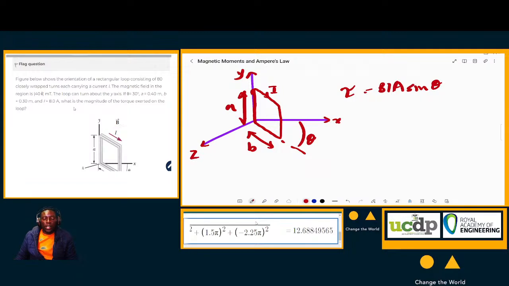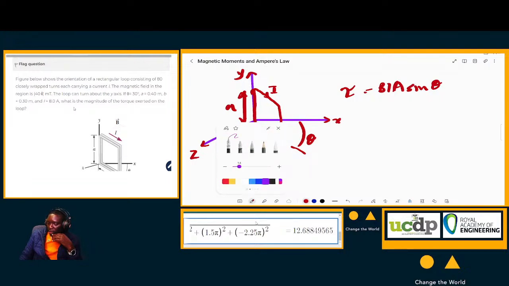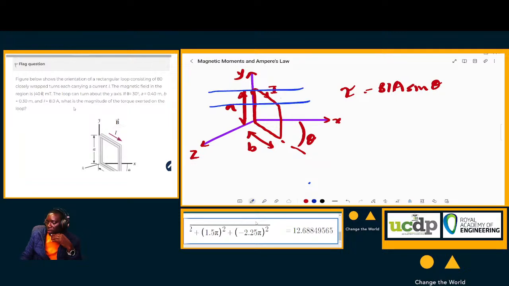What is theta in this case? Theta is the angle between the normal to the area and the field. We have our current. There is an angle between the current and the direction of the field. So our B field, let me use blue, is along the X like that.